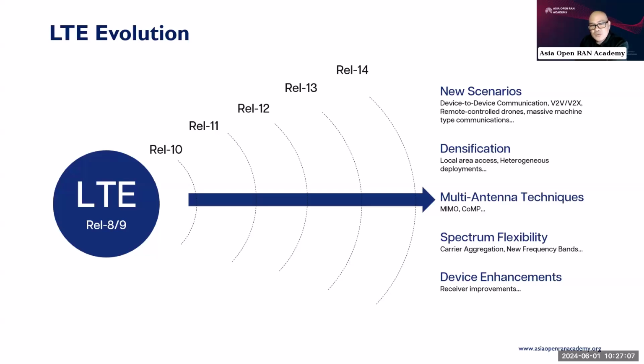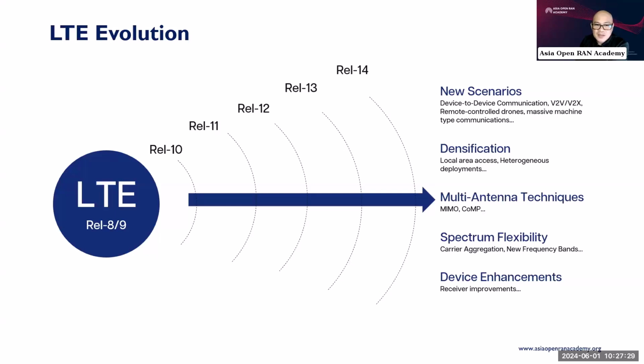And then we also saw densifications, yung mga HETnet, heterogeneous networks, which is a combination of small cells, picocells, femtocells, and macrocells. Multiple antenna technologies like MIMO and COMP, coordinated multipoint feature na para at least maiwasan yung interference.